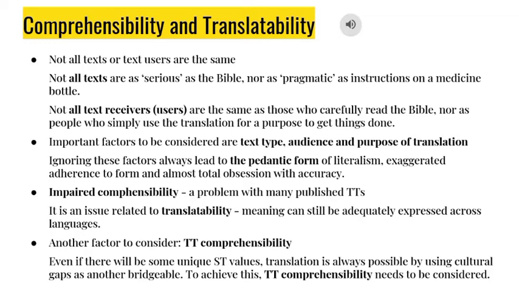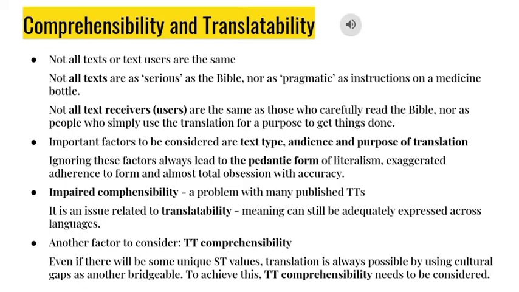In translation, there are some important factors to consider, such as text type, target audience, and purpose of translation. If you ignore these factors, it will lead to the pedantic form of literalism, exaggerated adherence to form, and almost total obsession with accuracy.